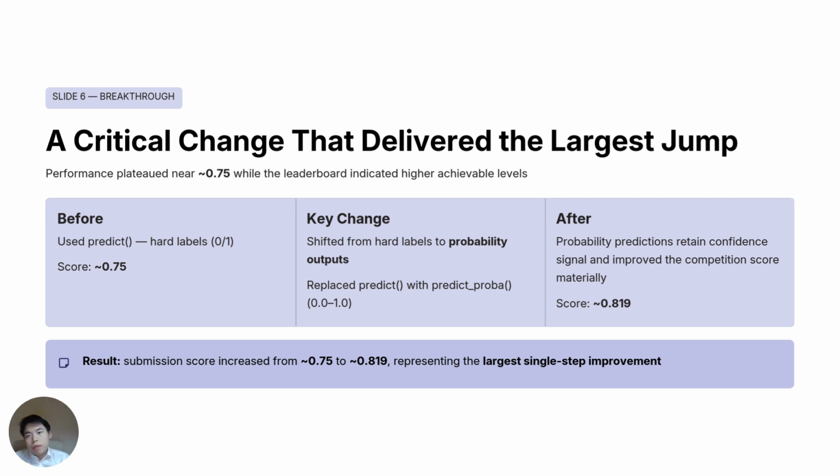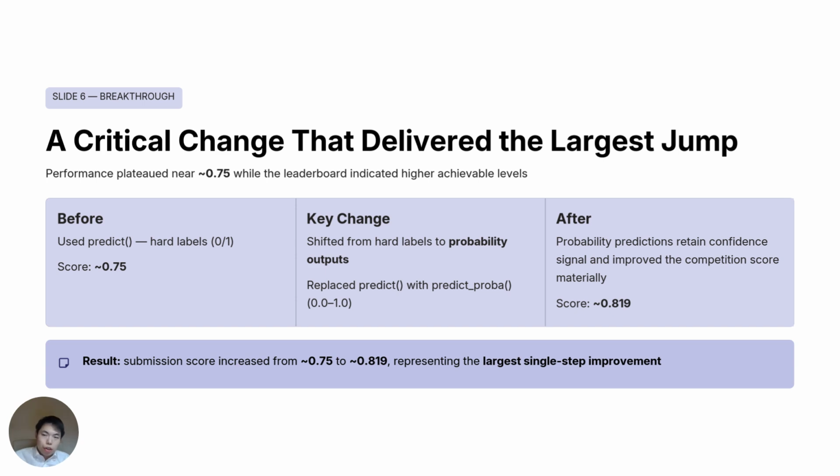The biggest breakthrough I had was realizing that I should use probability predictions instead of only the hard labels. At first I just generated 0 and 1 outputs, but then I switched to using predict_proba, so the model outputs a value between 0 and 1. This gives me a confidence score for each person instead of a fixed decision.